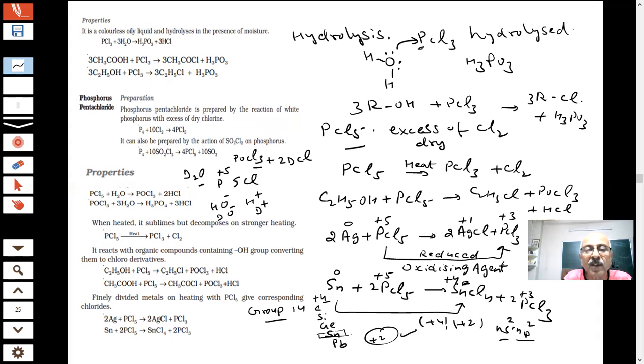And what will happen with this POCl3? POCl3 reacts with 3D2O. All 6 D go to D3PO4 plus 3DCl.